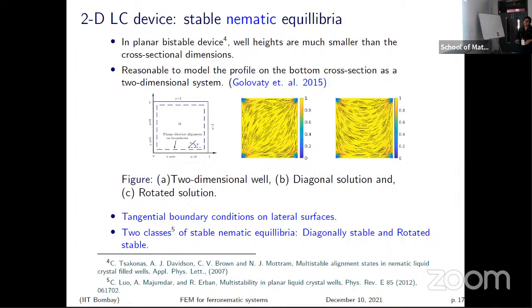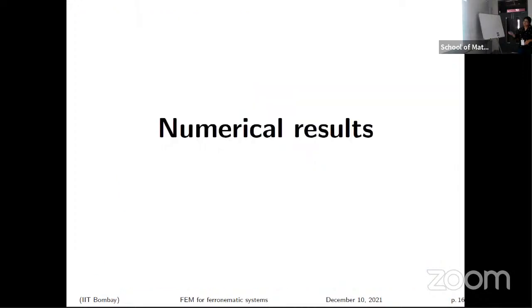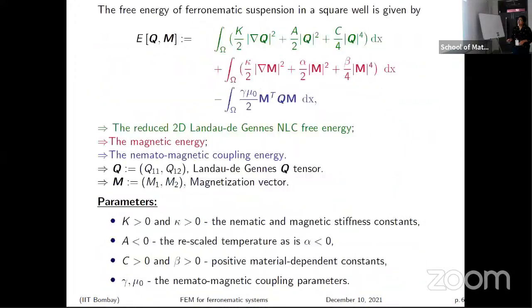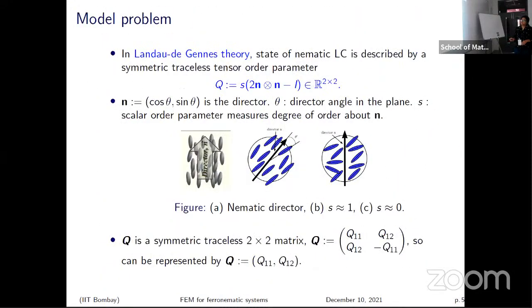So we take these theta values. The Q tensor has this particular form, S cos theta, S sin theta. So once we have the theta values and the S value, we can construct the initial state.